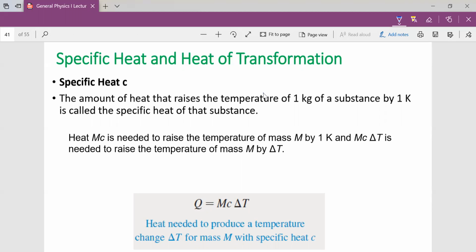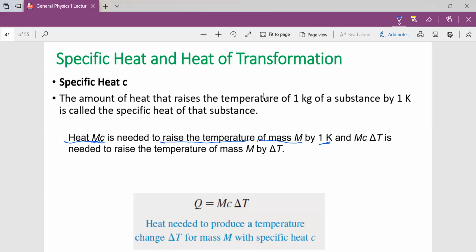So we say that the heat required to raise the temperature of a material of mass M by 1 Kelvin will be the mass of material M multiplied by the specific heat.